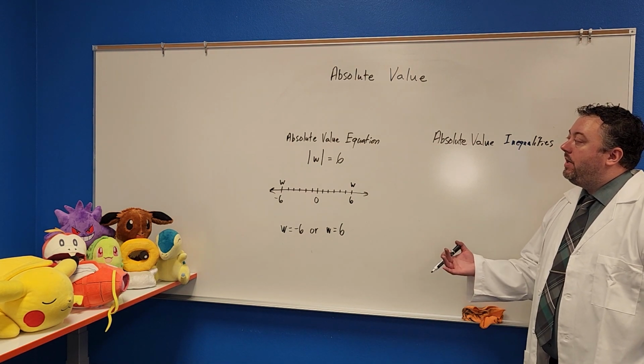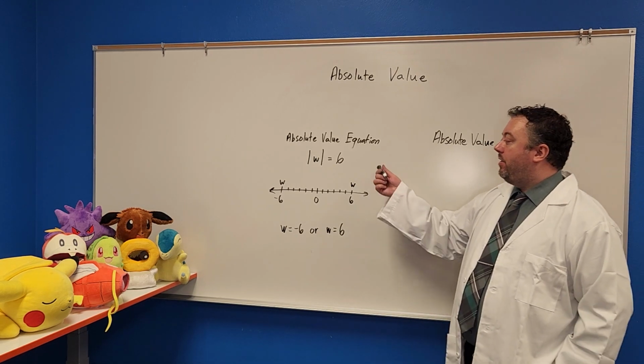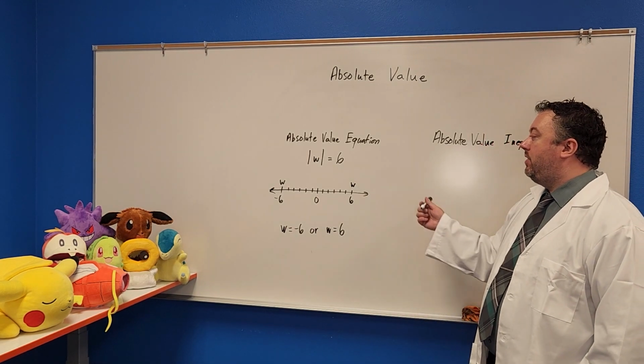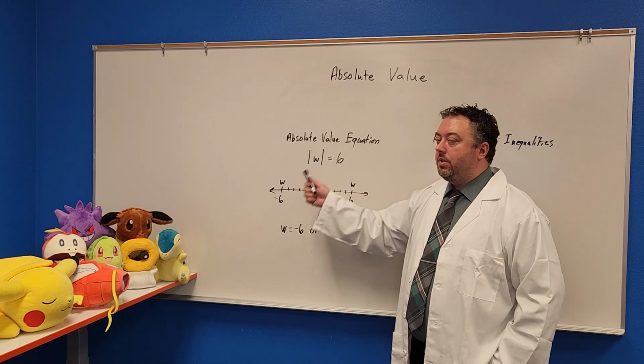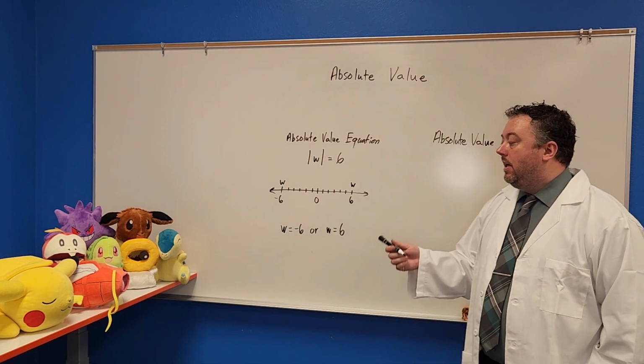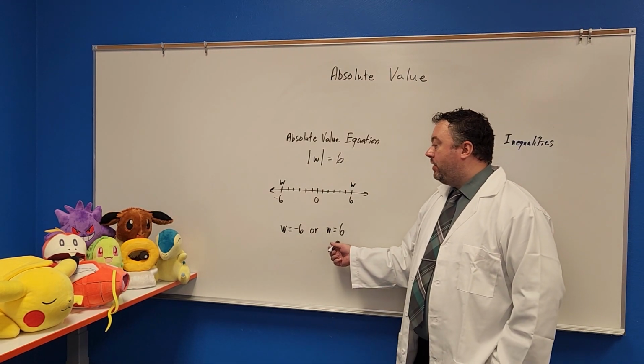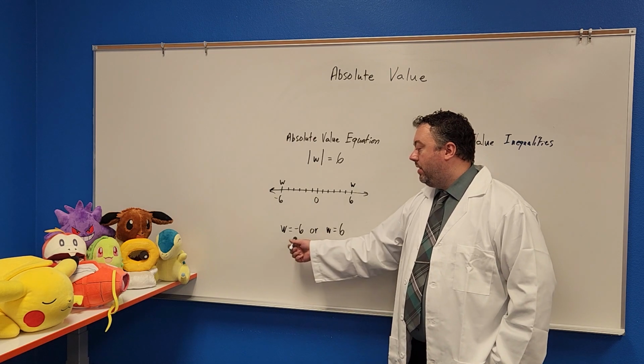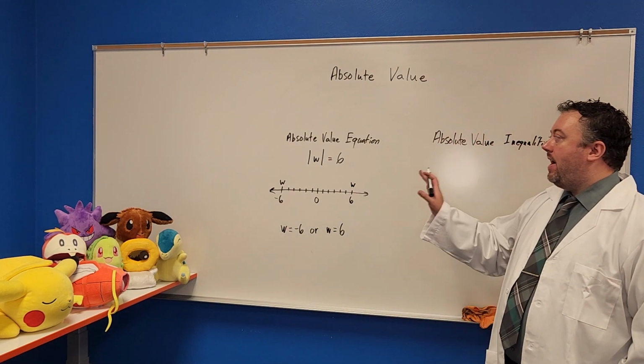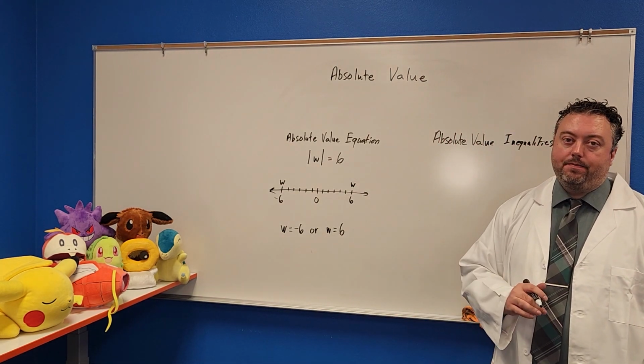So what you need to understand when it comes to absolute value equations, because you can be to the right, the positive, or to the left, the negative, that means you're actually going to end up with 2 possible answers when you're dealing with absolute value equations.